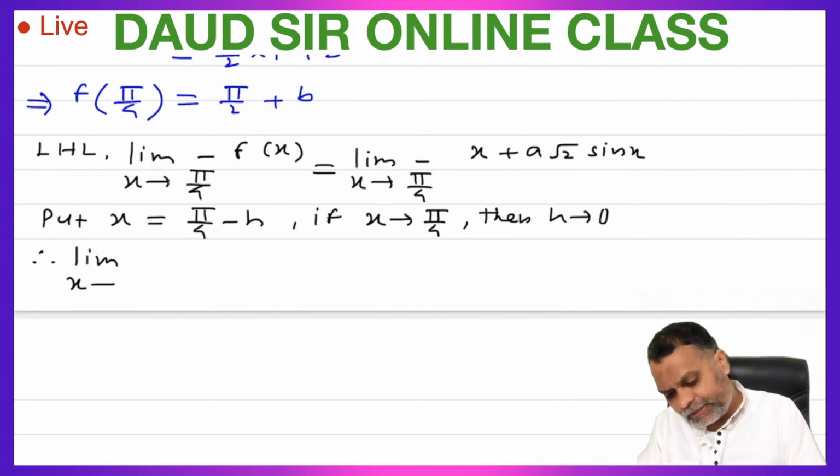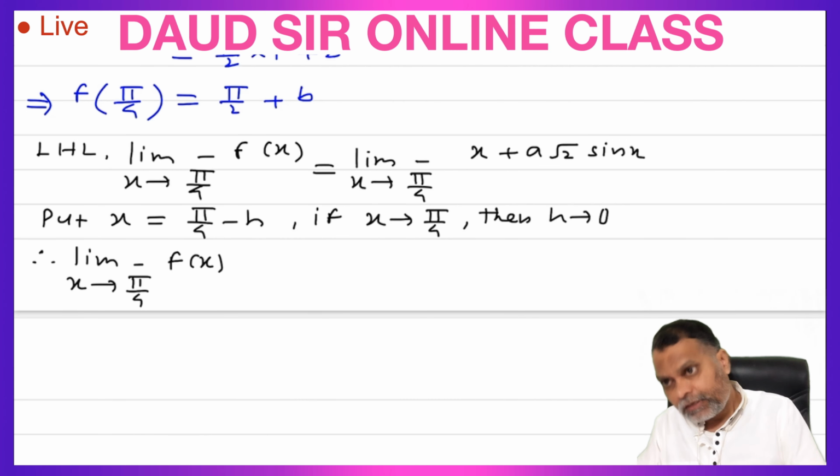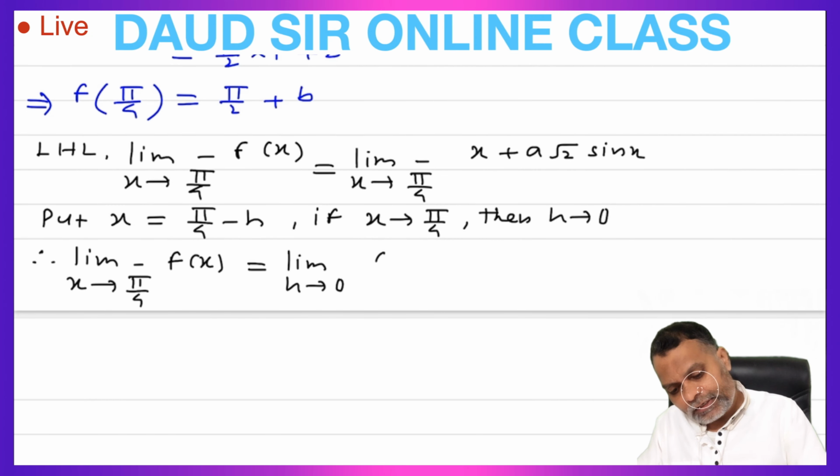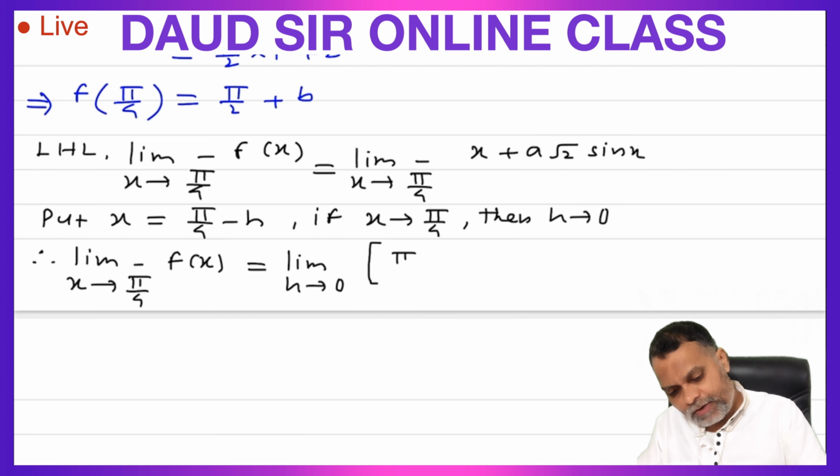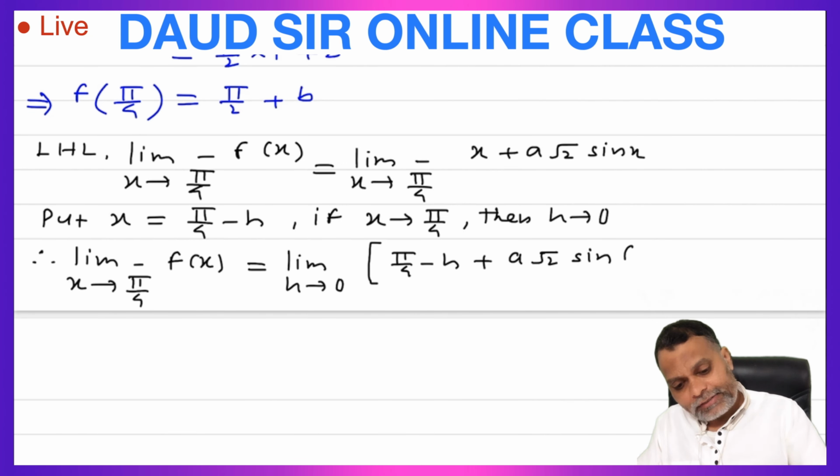Therefore, left hand limit x tends to pi by 4 minus f of x is equal to limit h tends to 0, x is equal to pi by 4 minus h plus a root 2 sin x, where x is pi by 4 minus h.